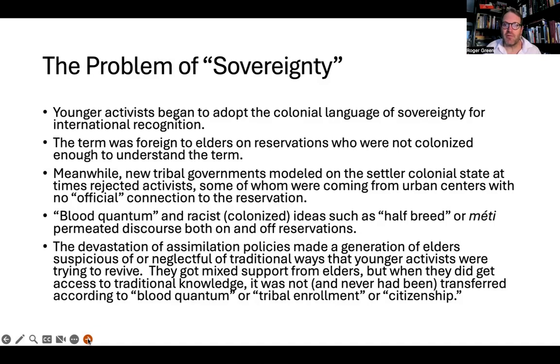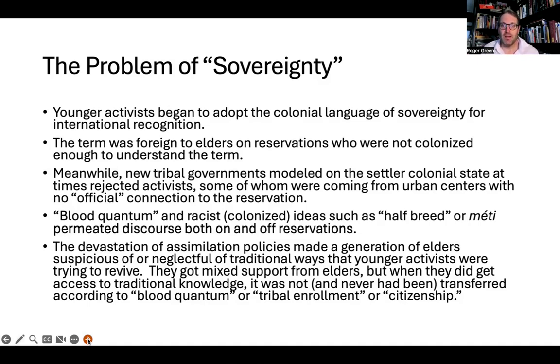Meanwhile, new tribal governments modeled themselves on the settler colonial state and at times rejected the young activists, some of whom were coming from urban centers with no official connection to the reservation, right? So this is conflict within Native communities. Then we have the racist and genocidal blood quantum laws that have been going on since the late 1800s.